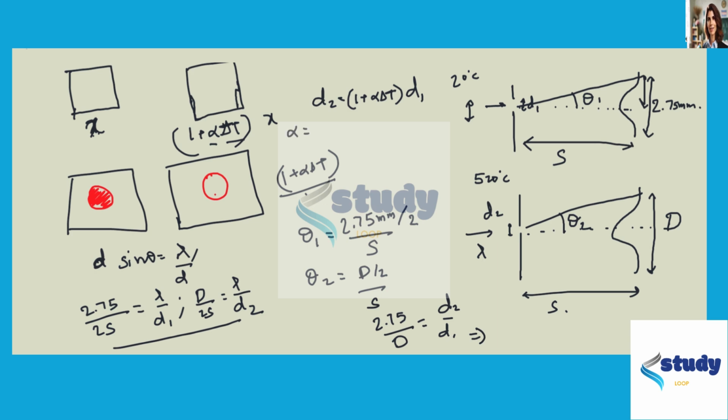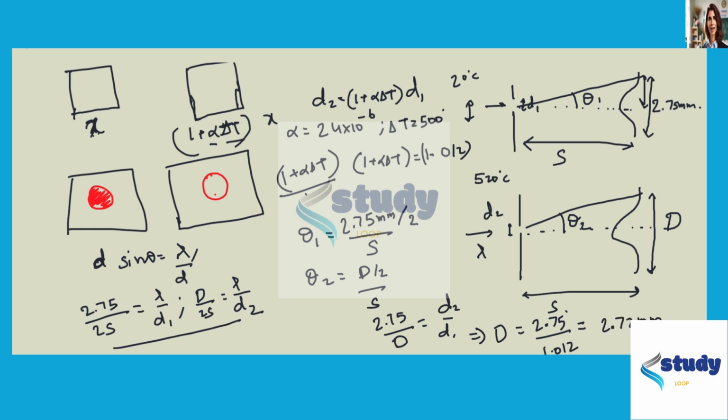Alpha for aluminium is 24 times 10 to the power minus 6, and in this case delta T is 500 degrees Celsius. So 1 plus alpha delta T becomes 1.012. So D is equal to 2.75 by 1.012, which is 2.72 millimeters.